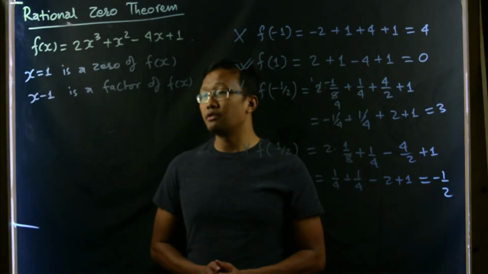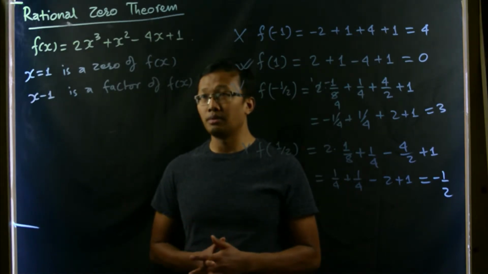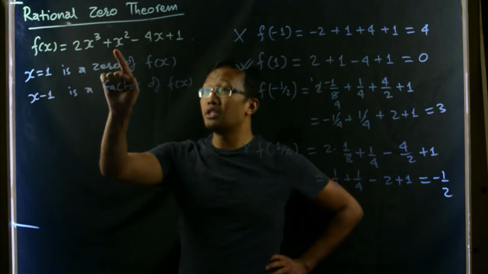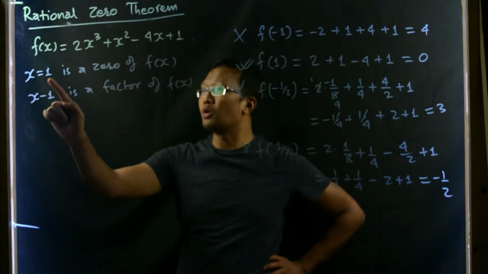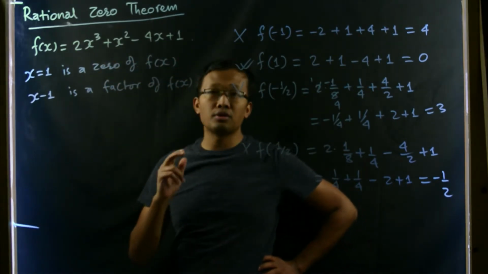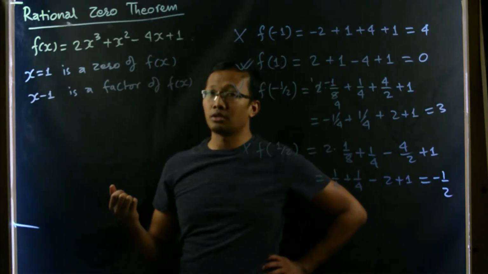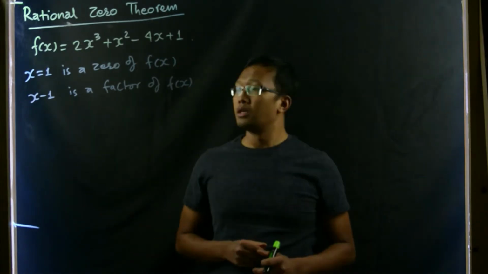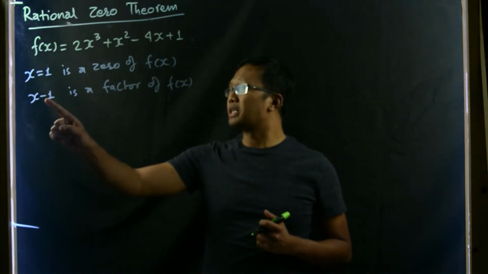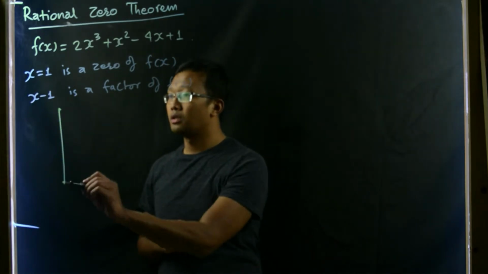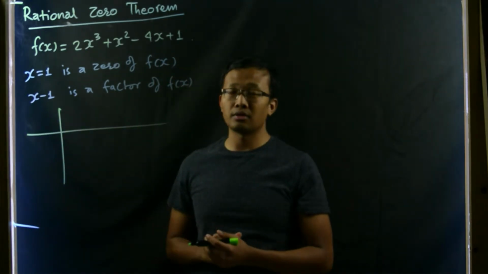Now let us try to figure out all the zeros of this polynomial. Since the degree of this polynomial is 3 and we have gotten 1 zero of the polynomial, the rest of the 2 zeros would be either irrational numbers or complex numbers. Let's figure that out. Since we already know that x equals 1 is a zero of f(x), let's go for synthetic division, which will allow us to figure out the quotient.